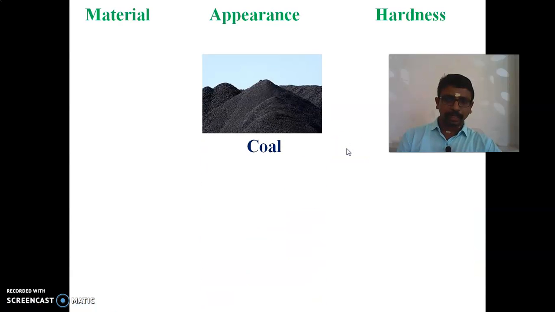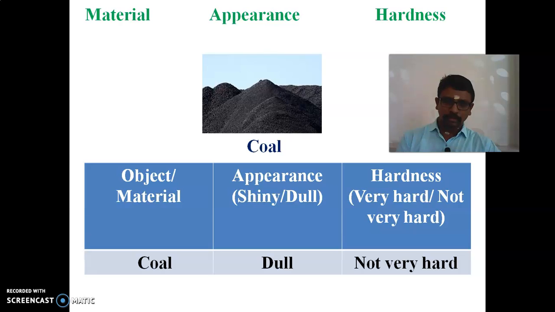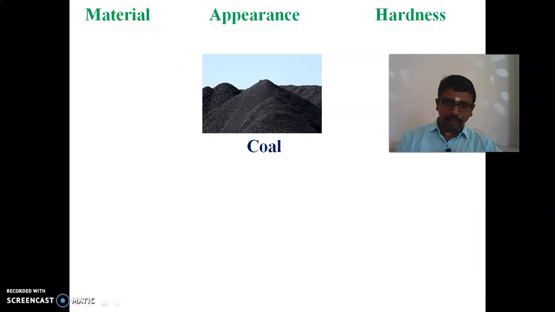And the next material is coal. The coal is made with the presence of carbon. So in that we can see the material is coal. Here you can see the appearance. Is the appearance shiny or dull?